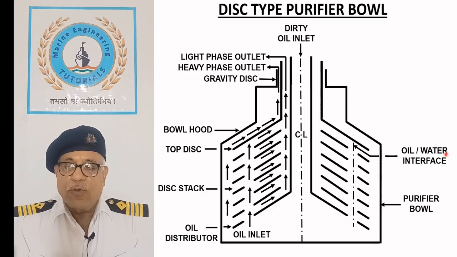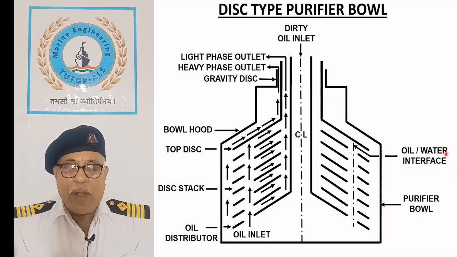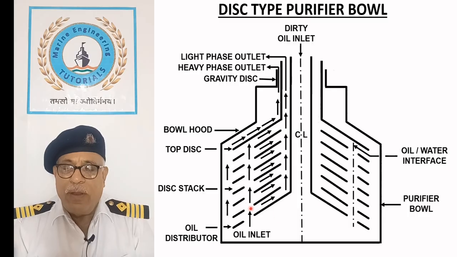The separation force is weakest near the center, and water or solid particles must travel a greater distance to reach the bowl wall. Heavy particles, upon striking the disc surfaces, accumulate and slide along the disc toward the periphery, while lighter particles move upward towards the bowl center.